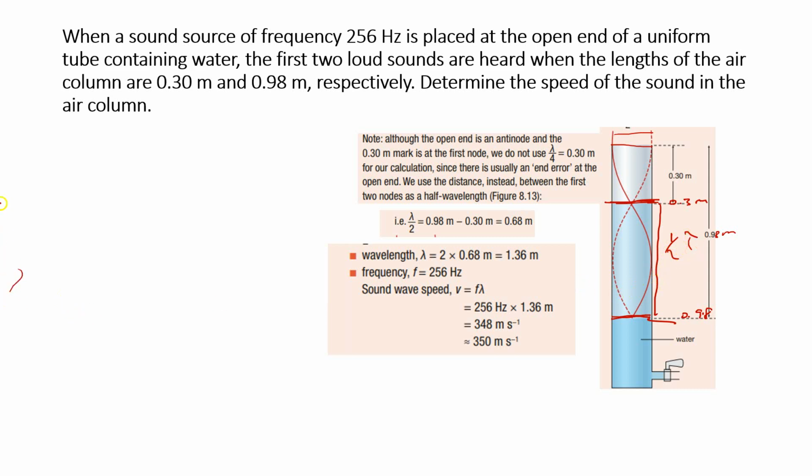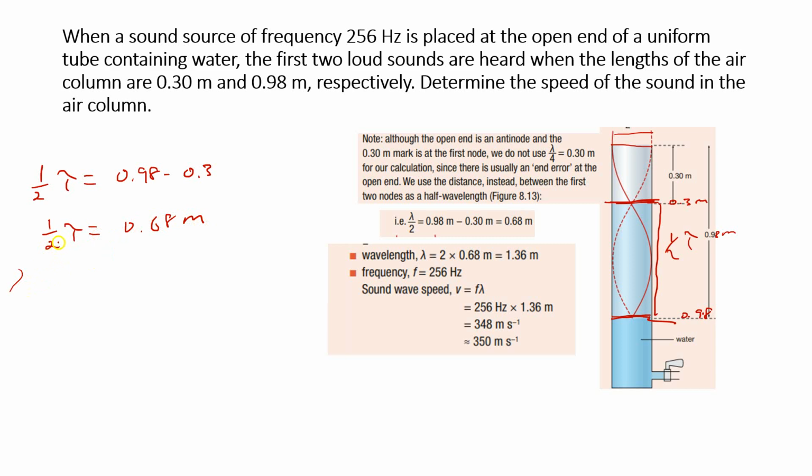And so we can say that half of a wavelength is equal to the difference between the 0.3 and the 0.98. So when we subtract this, we get that half of a wavelength is essentially equal to 0.68 meters.